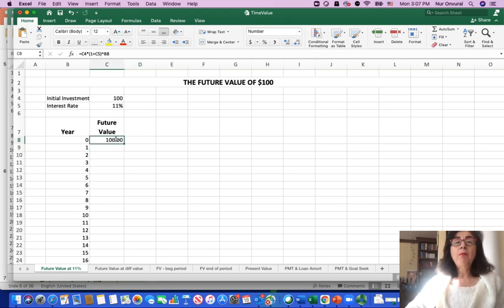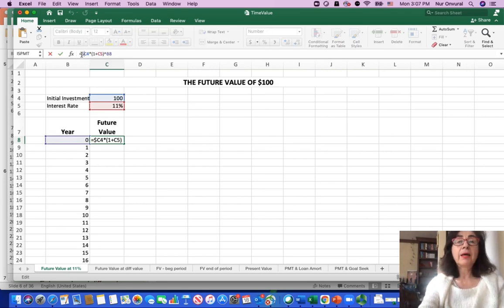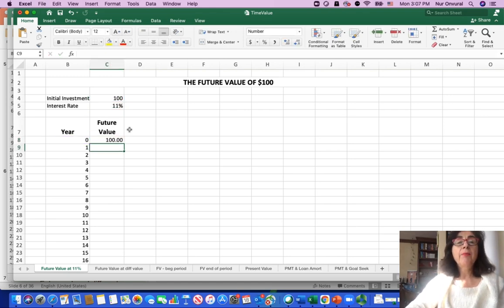So now I have my formula ready to go, but before I copy it down the cells, I'm adding these dollar signs to make sure that the two cells where the initial investment and the interest rate are stay constant.